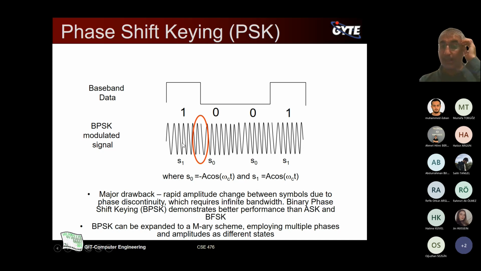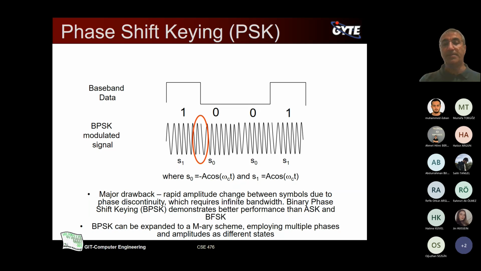As you see, we assign a symbol S1 for the bit 1 and S0 for bit 0 by assigning different phases. One of the major disadvantages of this PSK, as you see from this red circle, is the rapid amplitude change between symbols due to the phase discontinuity.